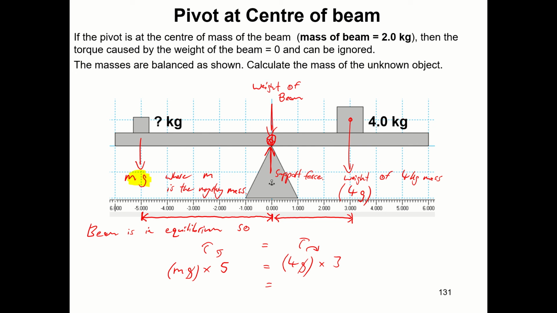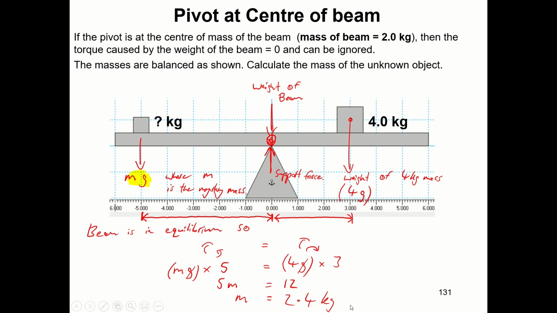So here I've got 5 times the mystery mass equals 4 times 3 is 12. And so I can divide each side by 5 and get that m equals 2.4 kilograms. And that's how we do a torque equilibrium problem.